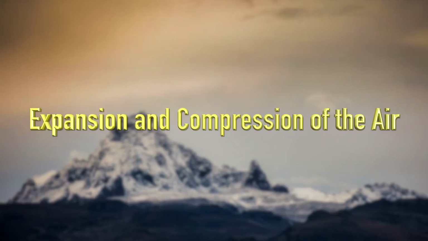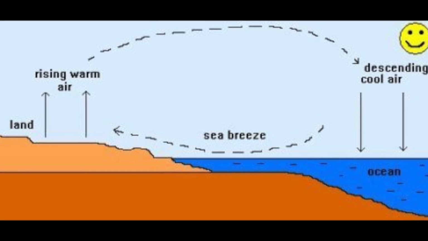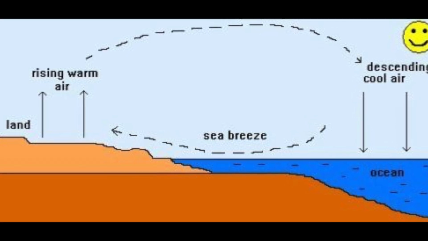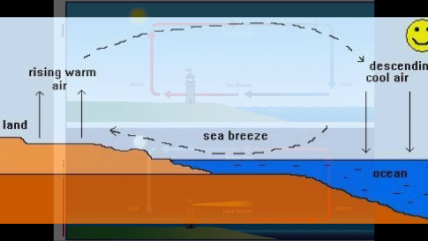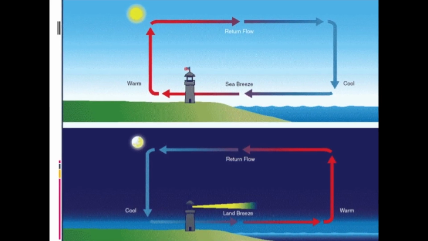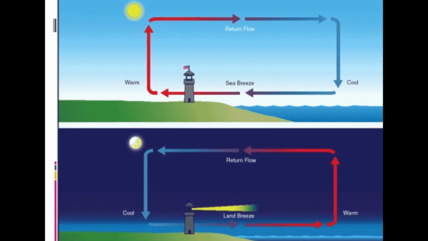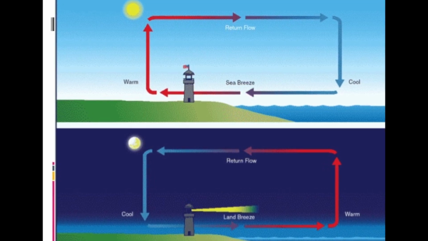Expansion and compression of the air. Whenever air moves upward, it passes through regions of successively lower pressure. Consequently, the rising air expands and cools adiabatically. In the same way, as the air descends, it comes under increasingly higher pressures, so it compresses and is heated. These temperature changes caused by the change of pressure alone that the rising or falling air is subjected to are called adiabatic temperature changes.